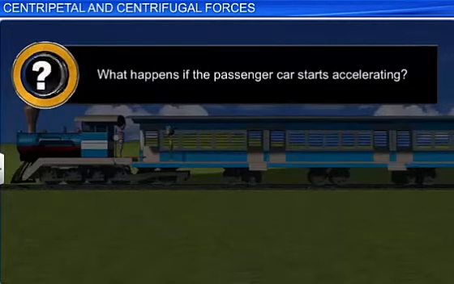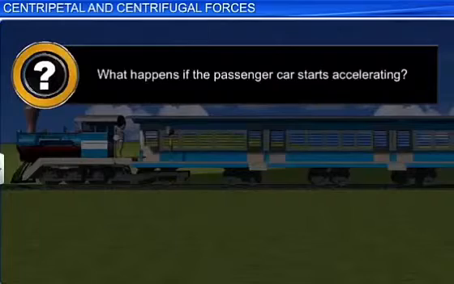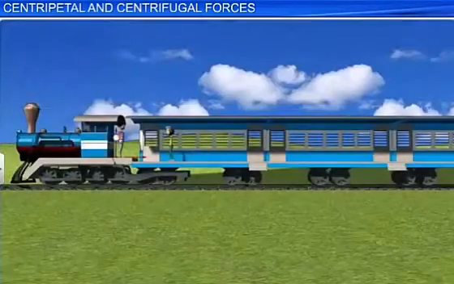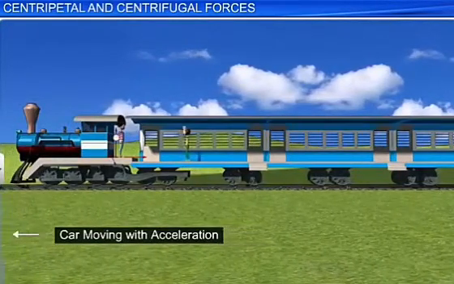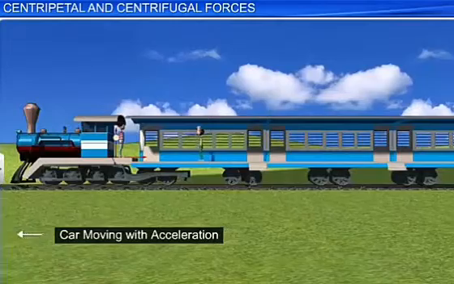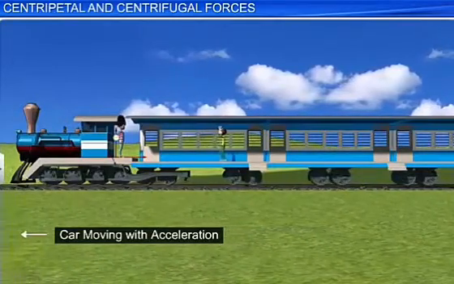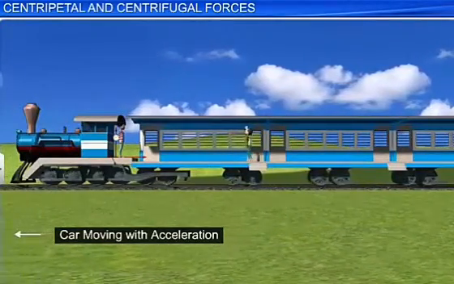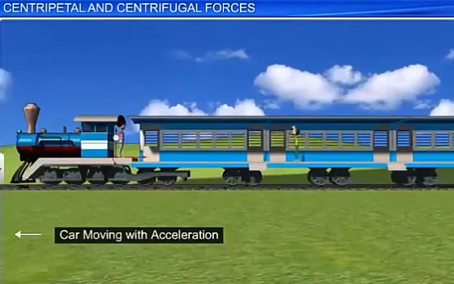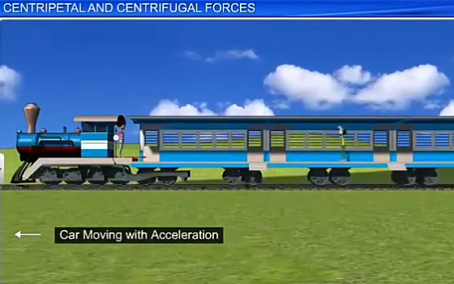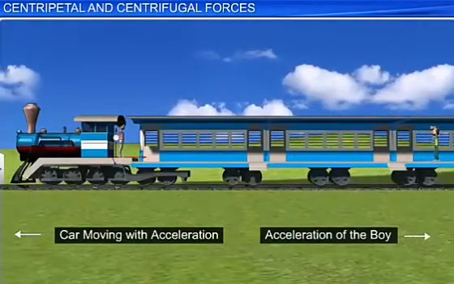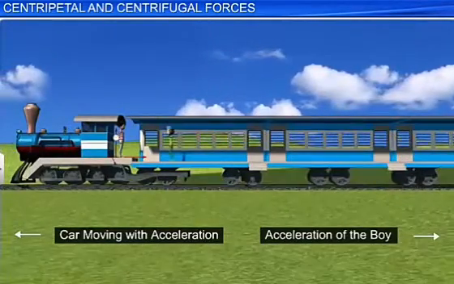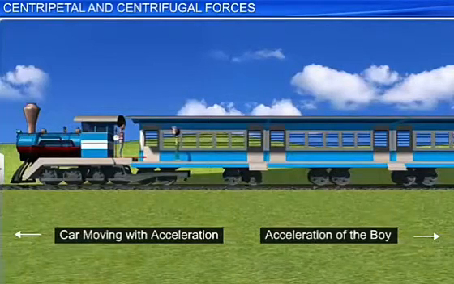What happens if the passenger car starts accelerating? When the car, which is initially at rest, starts moving forward with some acceleration, the observer attached to the car finds the boy moving with the same acceleration in the opposite direction. This is strange.